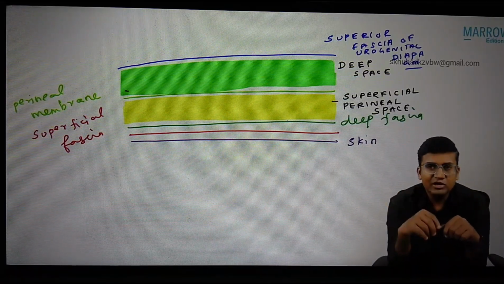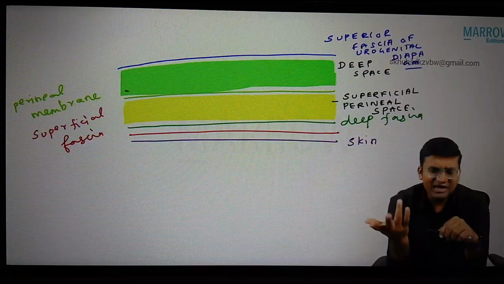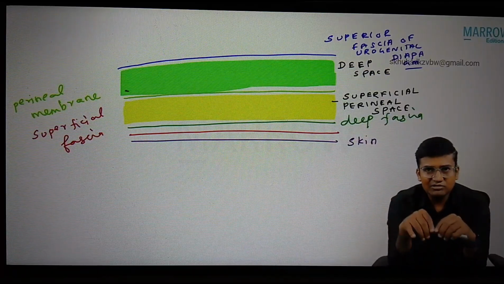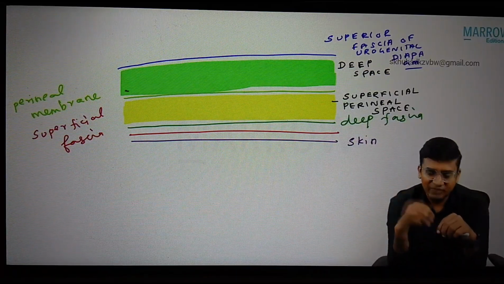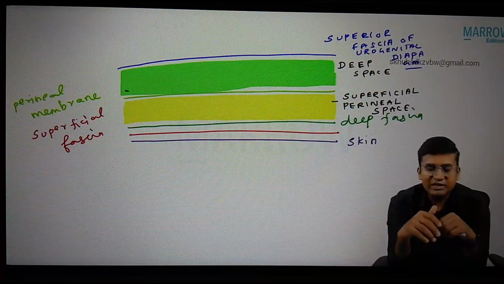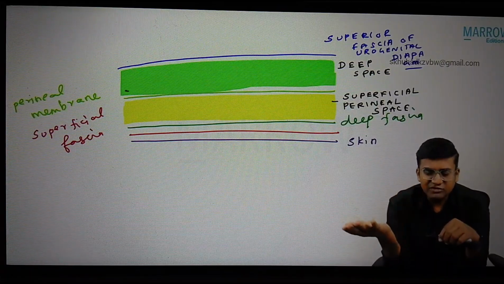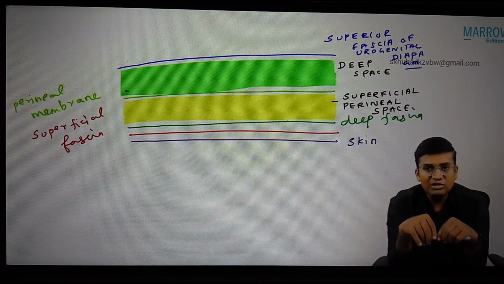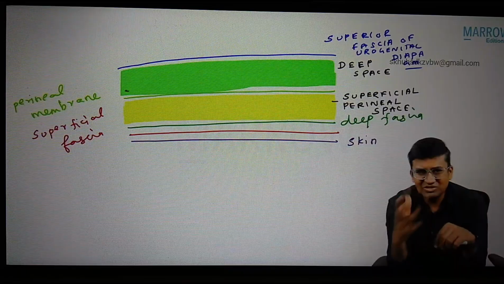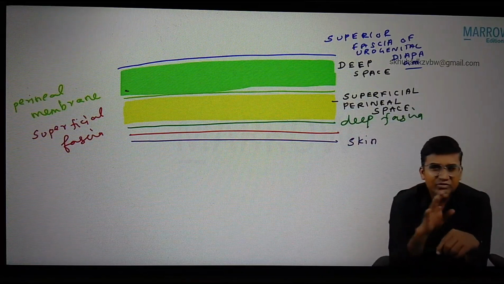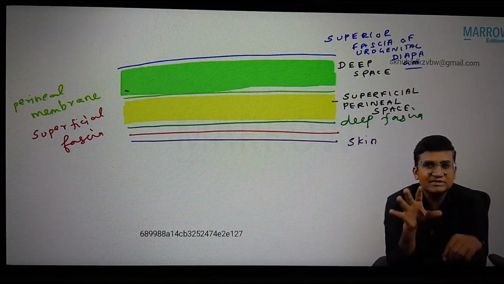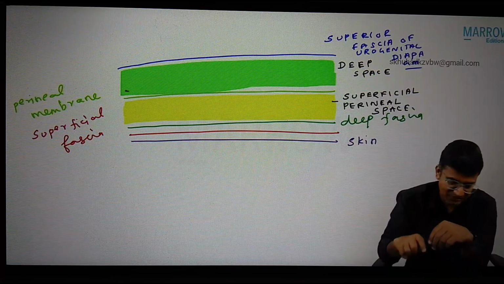The superior boundary of the superficial space is the perineal membrane; below, the deep fascia of perineum. The superior boundary for the deep space is the superior fascia of urogenital diaphragm; below, the perineal membrane. Boundaries are very simple. Usually we won't get any questions from the boundaries. The question will be from the contents only.